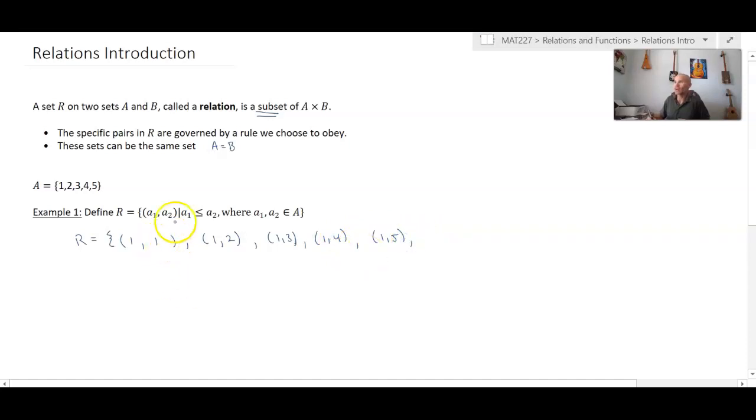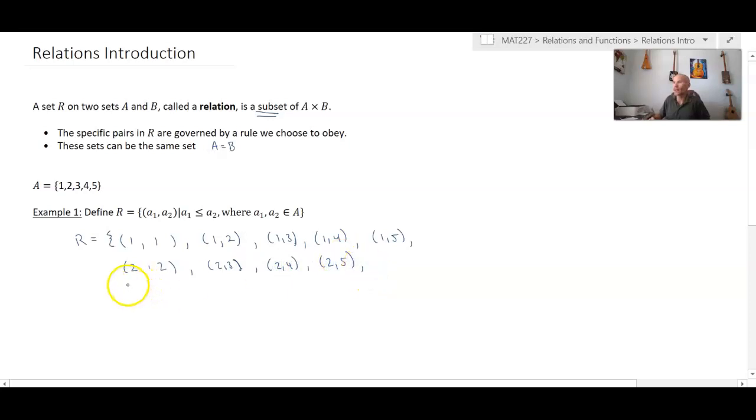Now, if I keep going and look at the element 2, what elements is 2 less than or equal to? Well, 2 is less than or equal to itself. It's less than or equal to 3. 2 is less than or equal to 4. 2 is less than or equal to 5.